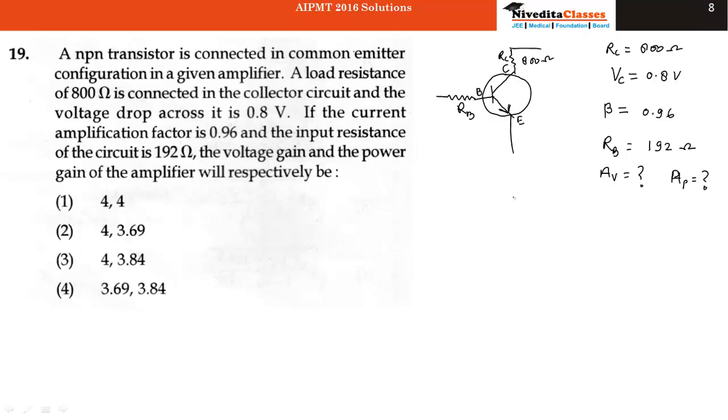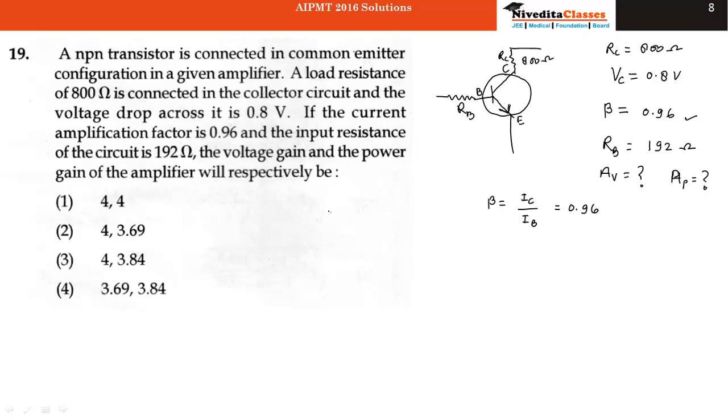First of all, we know the relations in currents through beta. Beta is equal to output current divided by input current, and it is given that 0.96. Here output current IC can be found out.